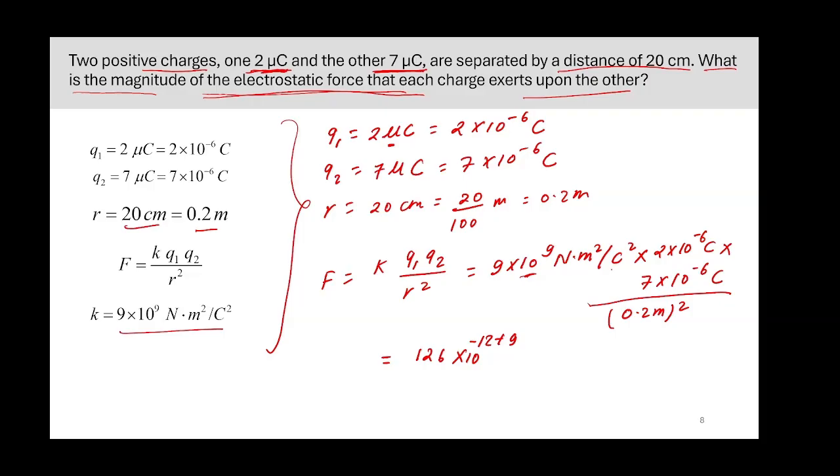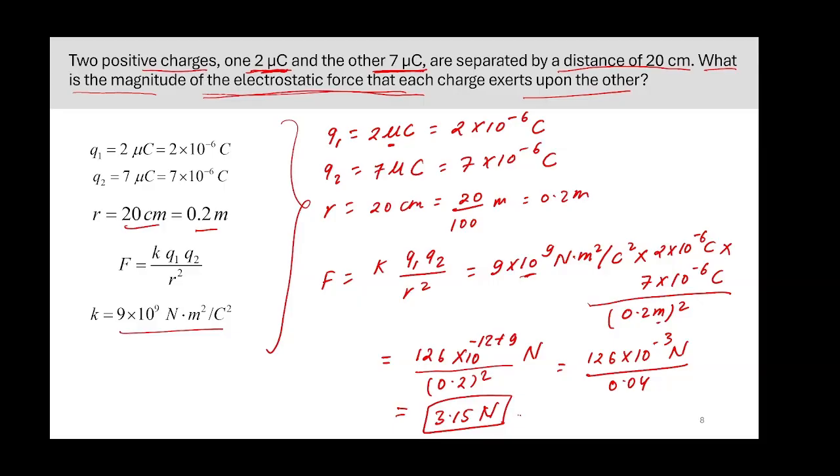And the unit, this is coulomb square, so coulombs will cancel out, and we can also see here there is a meter square, so meter square and meter square will cancel out, so this is Newton over 0.2 squared. If you use a calculator and solve this, 126 times 10 to the minus 3 Newton over 0.04, and if you solve this, you will get 3.15 Newton.